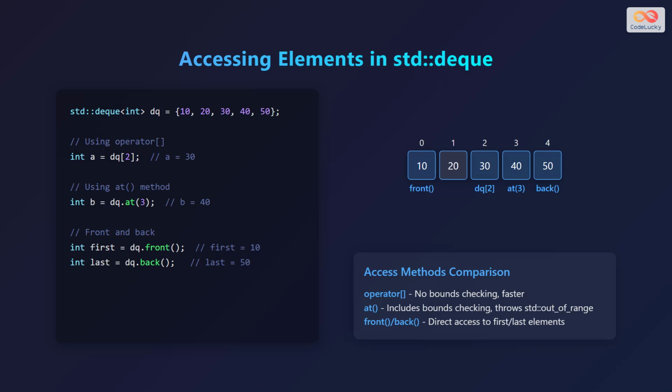To access the first and last element, the front method returns the first element, 10, and the back method returns the last element, 50. Note that the [] operator provides faster access but does not perform bounds checking, while at includes bounds checking and throws an exception if out of range. The front and back methods directly access the first and last element.